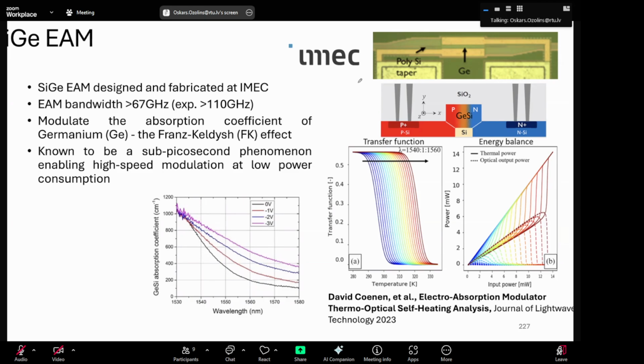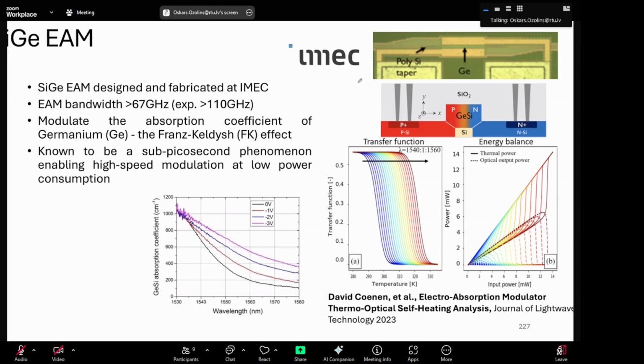This particular electroabsorption modulator works so that if you put light through the semiconductor material and you apply voltage, then the absorption of the material changes. And this absorption coefficient is used to modulate. And it uses the Franz-Keldysh effect. So it's a very fast phenomenon.